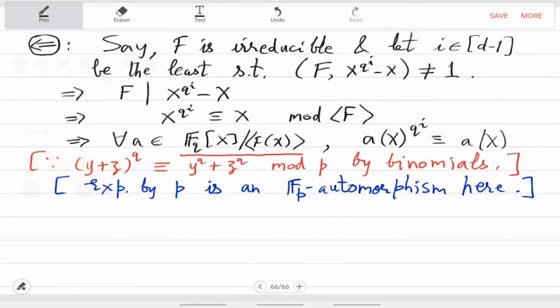So that argument goes as follows. Let me give it a name.